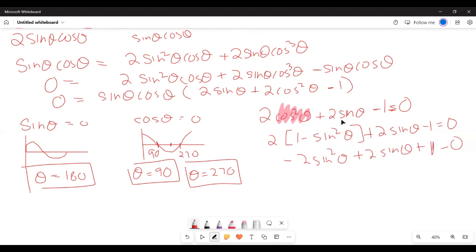Okay. I'm going to make minus sine square positive, so I'm multiplying both sides with -1. This is a hidden quadratic equation. Let sine theta equals y. 2y square minus 2y minus 1 is equals to 0.